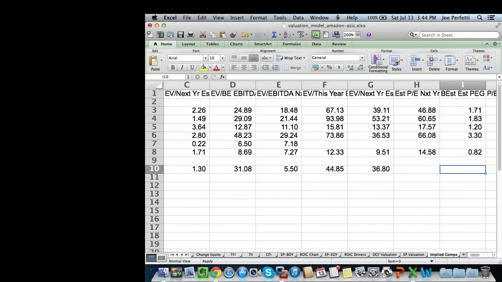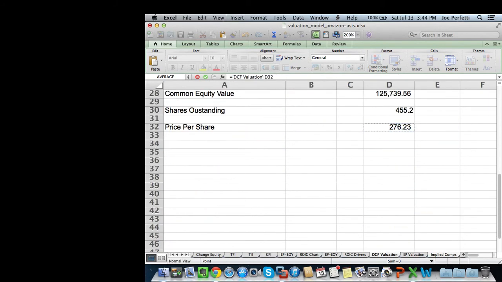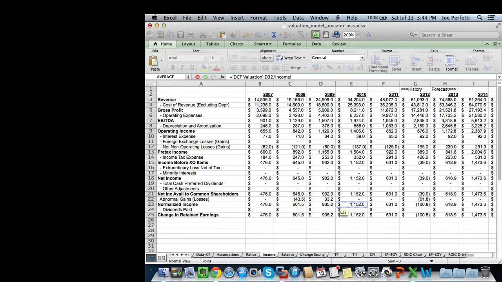Next, PE equals share price, which is our calculated share price, divided by earnings per share. I don't know if at the bottom of the income tab we had earnings per share. So what I would do is take next year's earnings, and next year we're using the 2014 earnings.